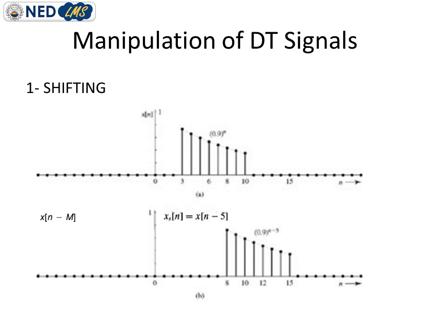So according to this definition, our second signal is x of n minus 5. Here m is positive, so x of n, the original signal in the first plot, is delayed or right shifted by 5 units.